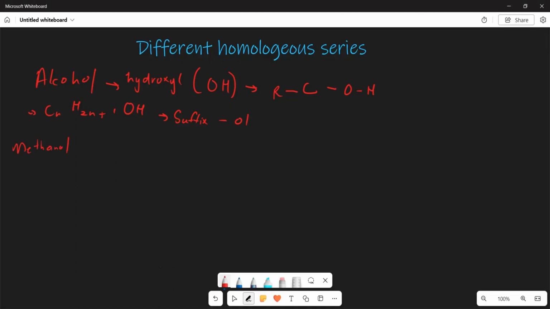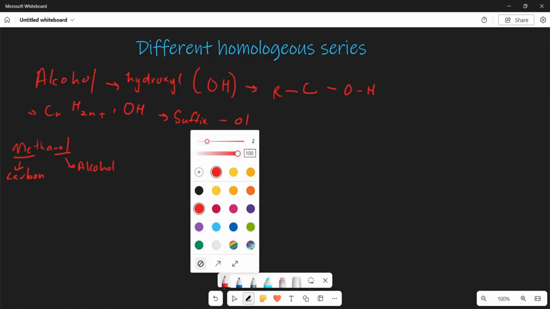Now, how do we know our methanol? Our methanol: the meth, firstly, means one carbon, and the OL means this is from the functional group of alcohols, right? So firstly, that is one thing that you need to take note of.